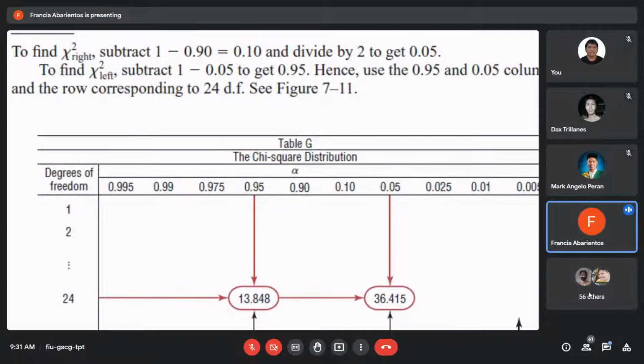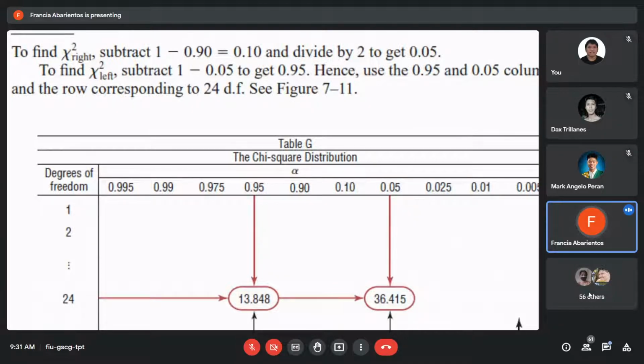Yan na, 24. Sabi dito, to the right, subtract natin, we have now the alpha. That is 0.10. We need to divide it by 2. So that is 0.05. So yun na yung sa right side. While on the left side, class, dinirekta niyang i-minus 0.05.